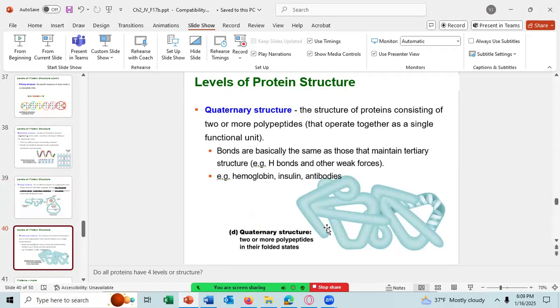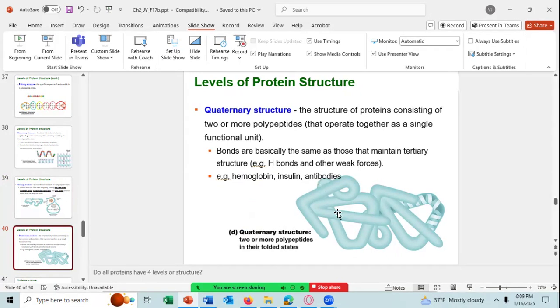Quaternary structure is only seen on some proteins that are made up of more than one polypeptide subunit, such as hemoglobin and antibodies. They're made up of 4 polypeptides. Insulin is also another protein that's made up of more than one polypeptide, so it has a quaternary structure. Any question about any of that?